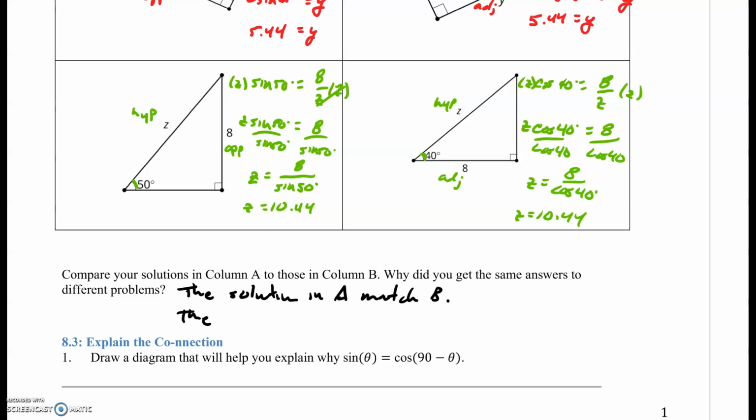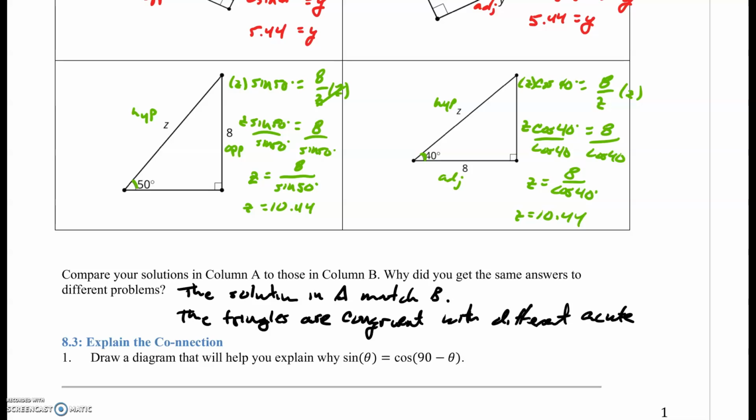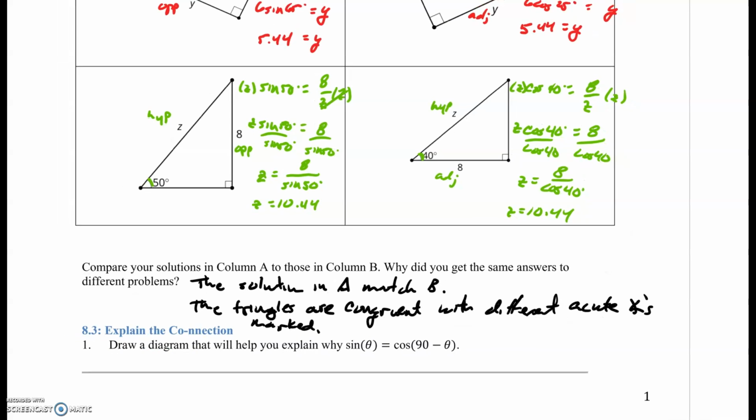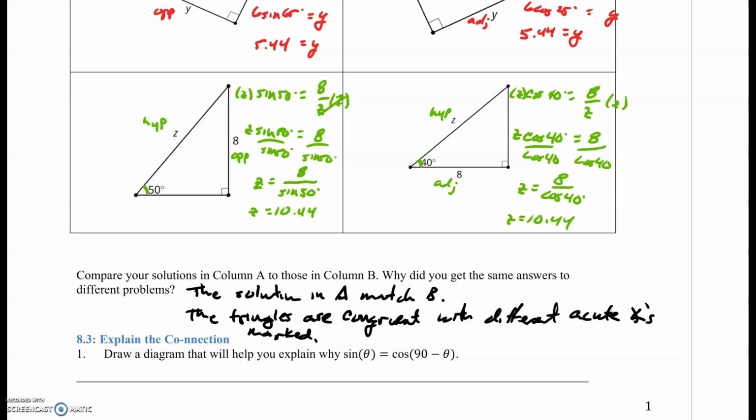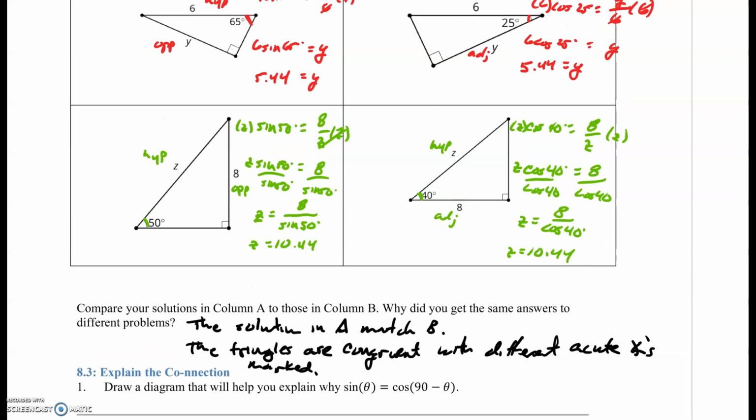So the triangles are congruent with different acute angles marked. And then in the next video, we're going to start discussing why that is the case.